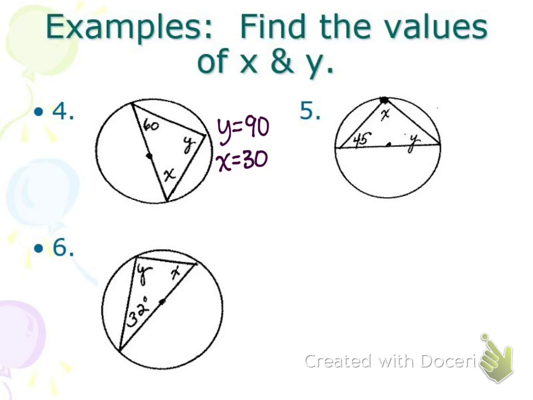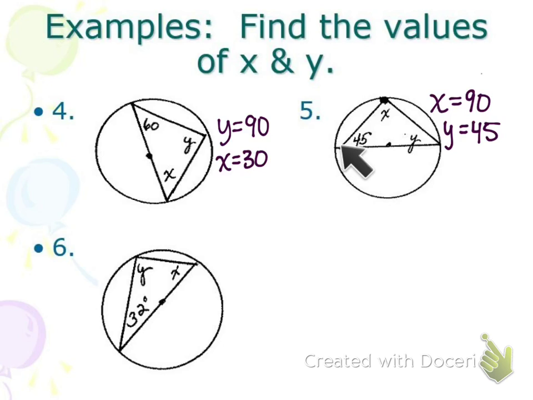All right, on number 5, which angle is going to have to be our right angle? X, because the right angle has to be across from the diameter. So x is going to equal 90. Y will have to be 45. Again, we had to know that this is a diameter.